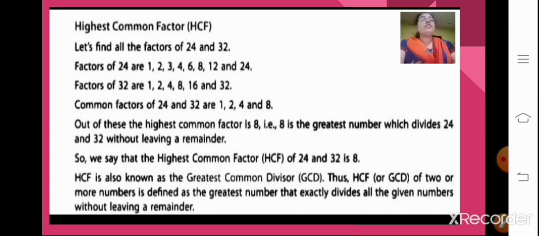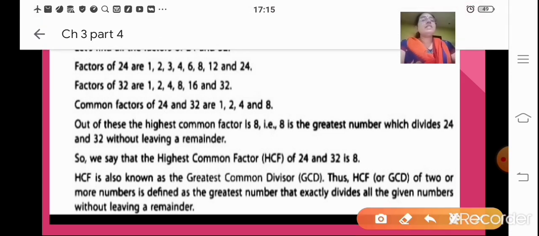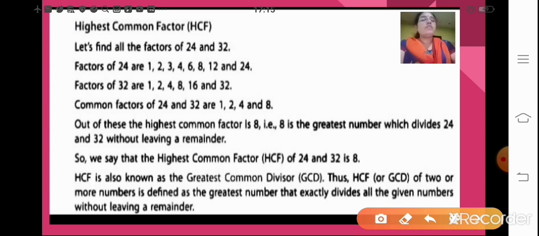Whereas the factors of 32 are, that is, the numbers which divide 32 completely without leaving any remainder: 1, 2, 4, 8, 16 and 32.